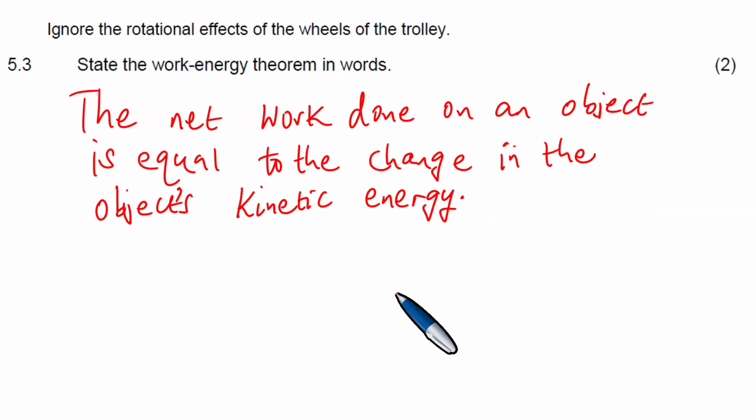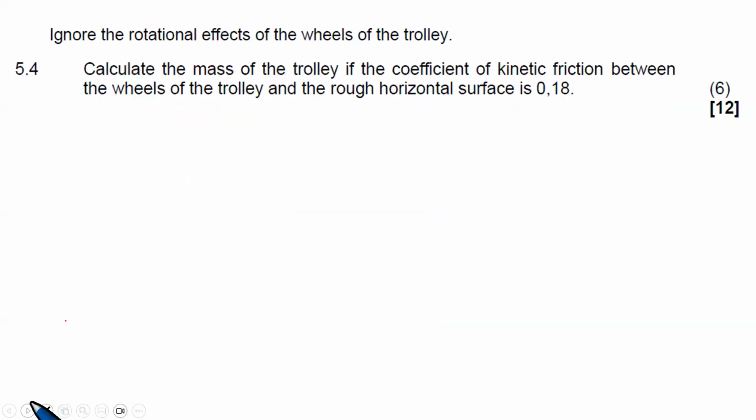The net work done on an object is equal to the change in the object's what? Kinetic energy. And this is called the work energy theorem.